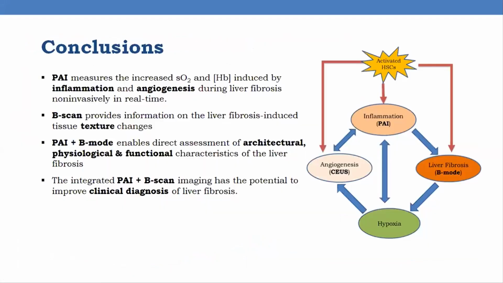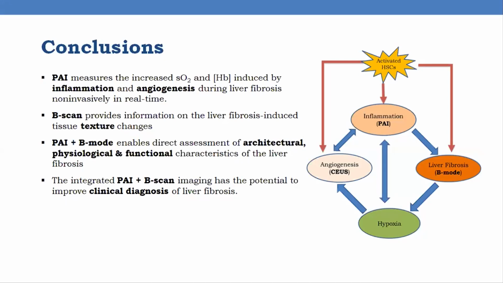So in conclusion, what we can say from our study is that photoacoustic imaging measures the increase in oxygen saturation and hemoglobin concentration induced by inflammation and angiogenesis during liver fibrosis non-invasively in real time, while B-mode ultrasound provides information on the liver fibrosis-induced tissue texture changes.